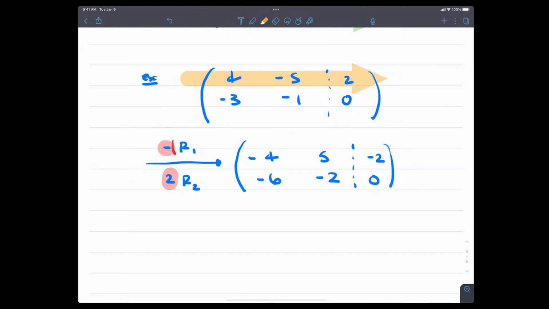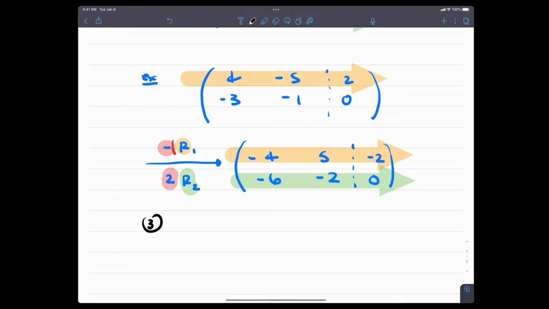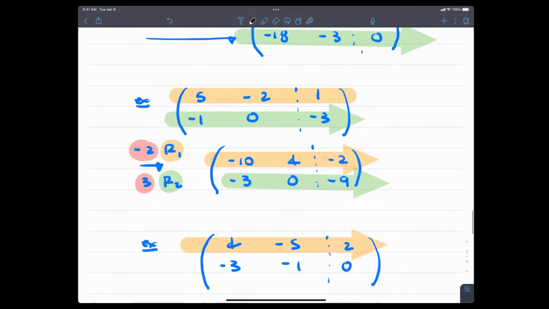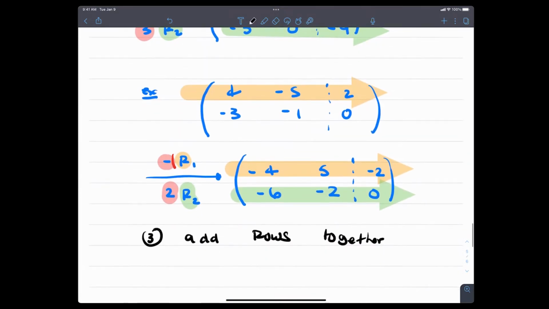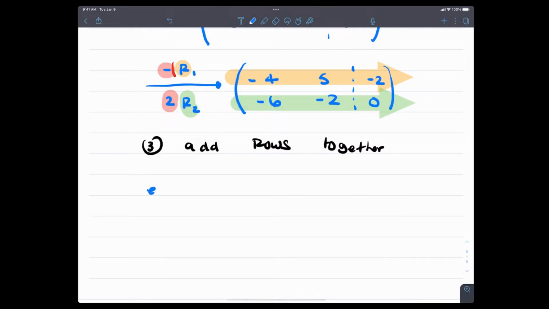So notice times row 1. Second operation. Okay? So I'm going to give you the third thing that can be done: you can add rows together. You say, what do you mean I can add rows together? In other words, let me give you an example.